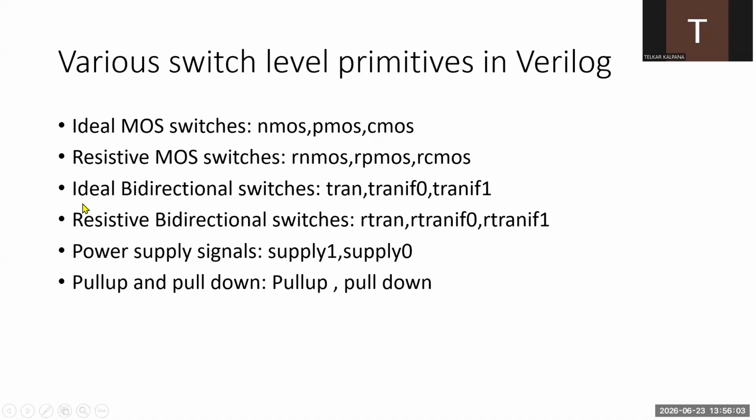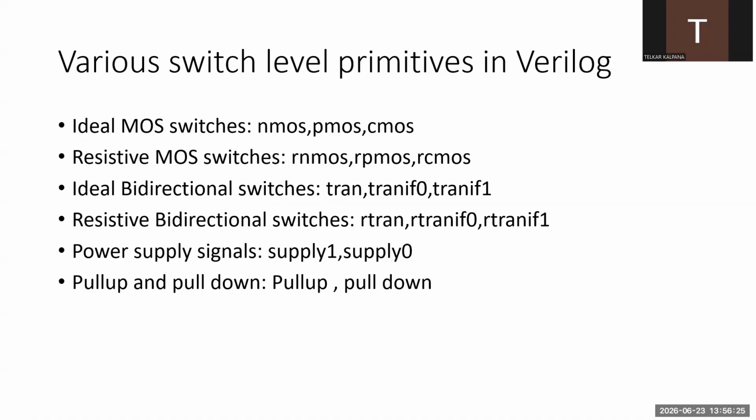So that's why CMOS. If at all we are going to use the resistive MOS switches, we can instantiate those resistive MOS switches by RNMOS, RPMOS, or RCMOS. We can also use the bidirectional switches where the transmission is going to take place on either side.